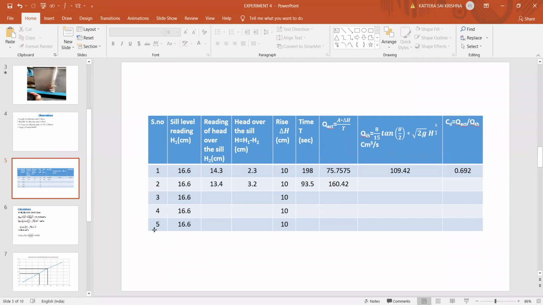Okay, right. Others, you can calculate the next CD value.